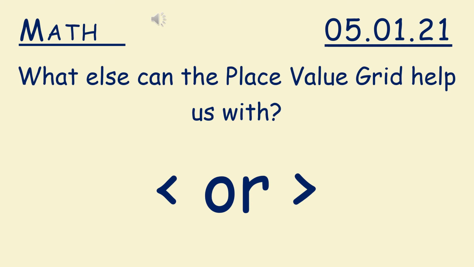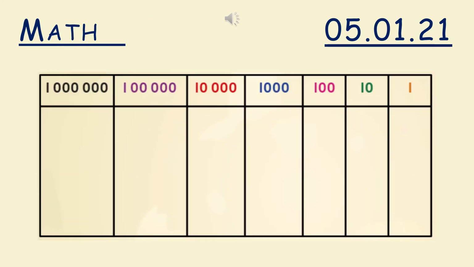So what else can a place value grid help us with? Look at the symbols below and have a guess. That's right, they can help us to identify whether a number is bigger or smaller than others. By placing more than one number into the place value grid, you can identify which number is larger or smaller by looking at each individual place value.